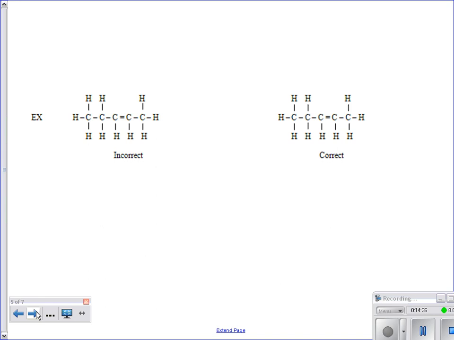So for example, on yours you have them numbered, but let's look at this as being 1, 2, 3, 4, and 5. Well, if we numbered it from this direction, counting our carbons, I see that my double bond is located on that third carbon. That's the first time I hit that double bond. If I number it from the opposite direction, 1, 2, 3, 4, 5, I actually hit that double bond on the second carbon.